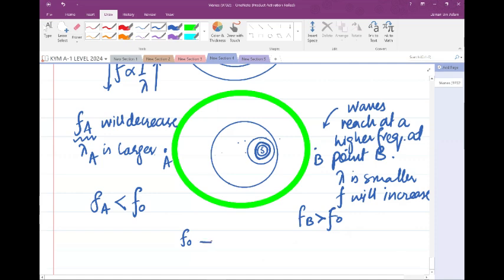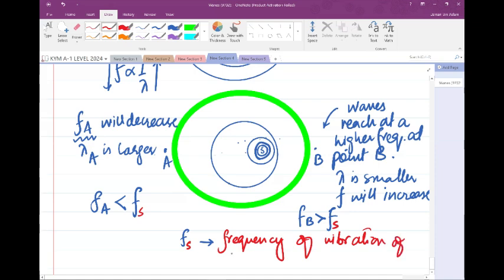What is FO, by the way? Sorry, I would like to improve the symbology here. Instead of FO, I am calling this FS, because later on we'll be using FO for something else. FS will be the frequency of vibration of the source, which is the actual frequency.